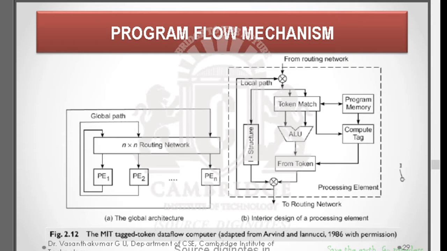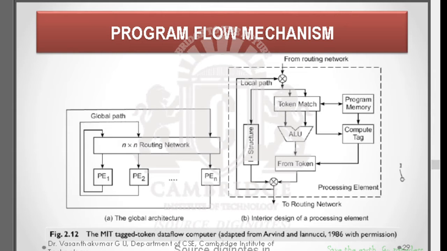So the data from one processing element can go to any other processing element with the help of this routing network. So there is a global path for each and every processing element. This diagram shows the global architecture, how exactly the data flow is happening.